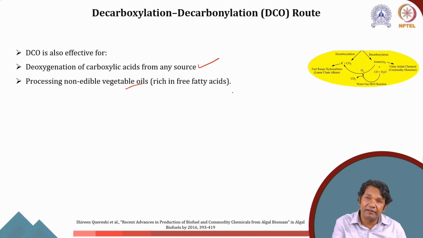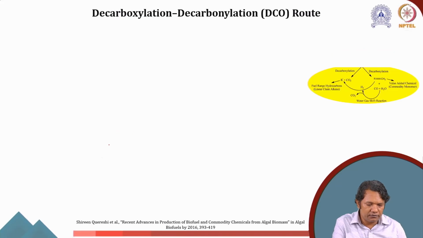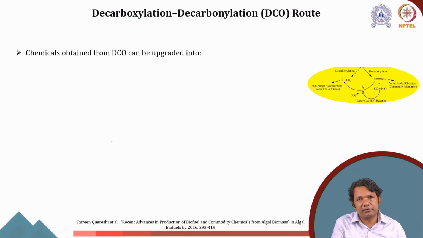We will also discuss in next week's classes about the oils and what we can make from the non edible oil and edible oil in terms of fuel and chemicals. Okay. Particularly, the integration with biomass processing technologies can enable the conversion of organic acids into fuels, value added products, and other things.